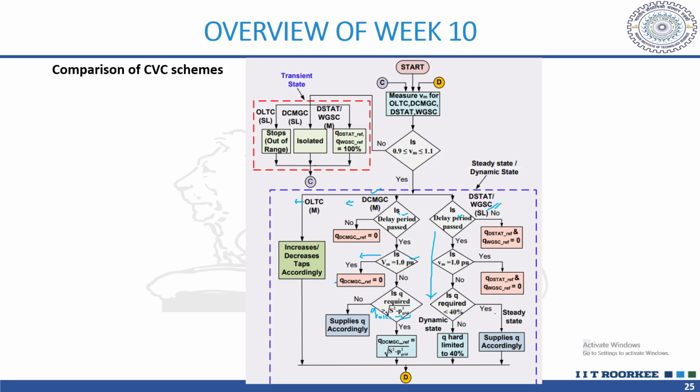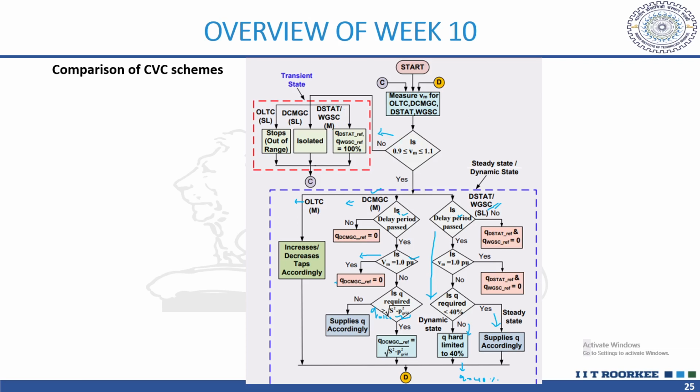So basically, if it is less than 40%, it is steady state. If it is greater than 40%, we are limiting this Q at exactly 40%. And if the voltage is violated, then it is basically transient state.